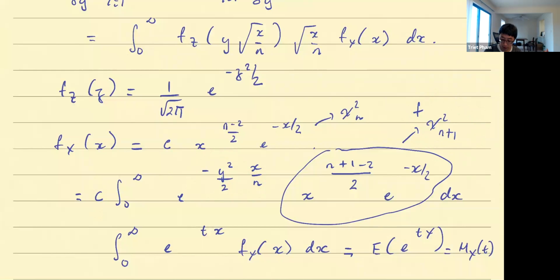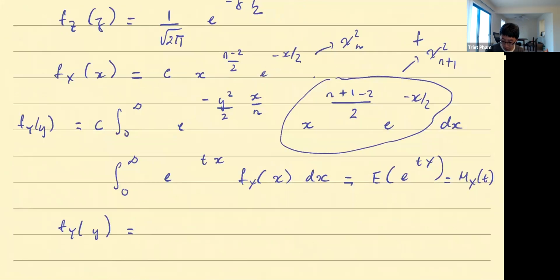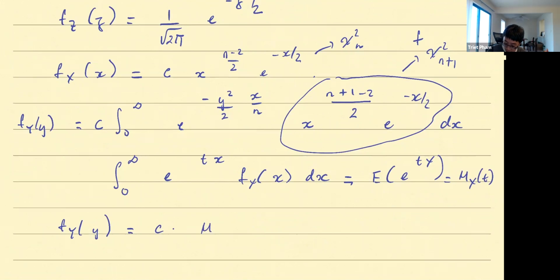So in other words, by the way, this is the density of y. The density of y should be some constant times the moment generating function of a chi-square with n plus 1 degrees of freedom, evaluated at minus y squared over 2n.